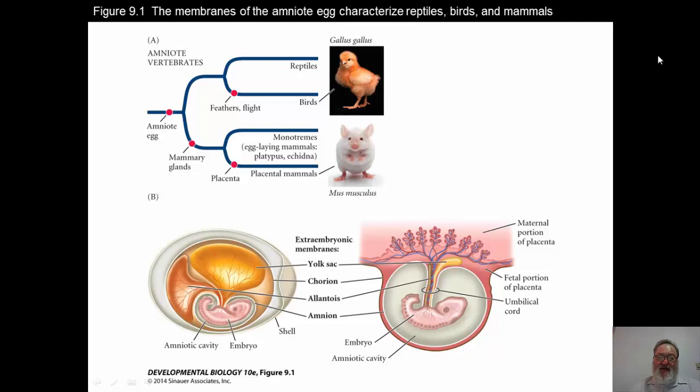The mouse has been, as an embryological specimen, the model organism of choice and is the subject of many studies involving genetic, surgical, and developmental biology manipulations.